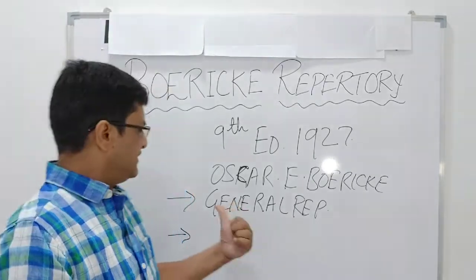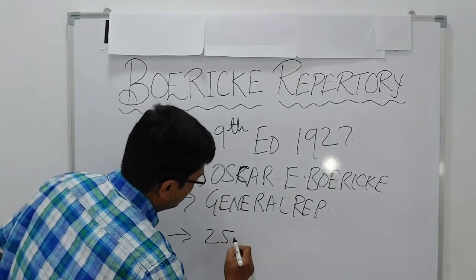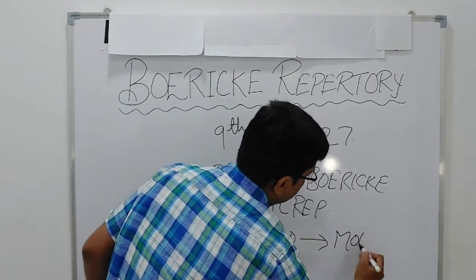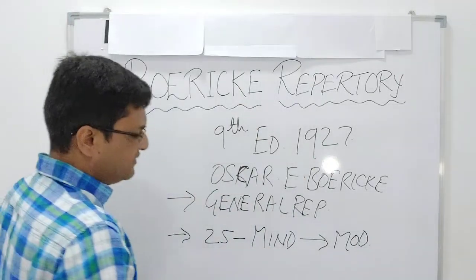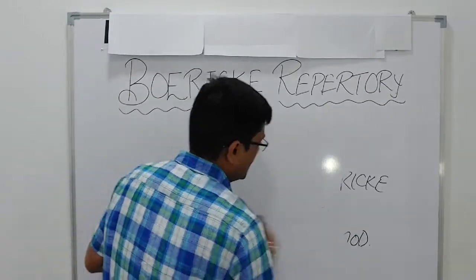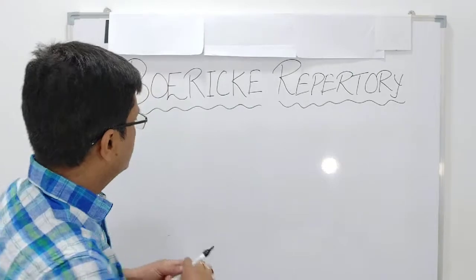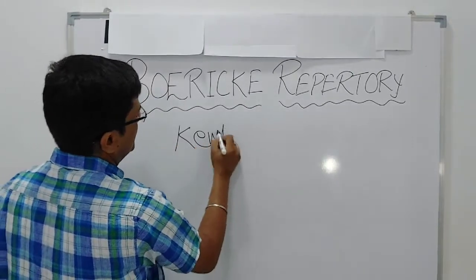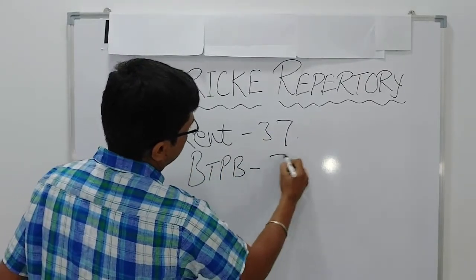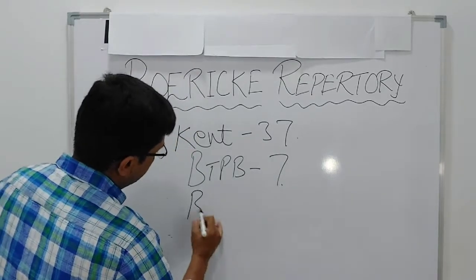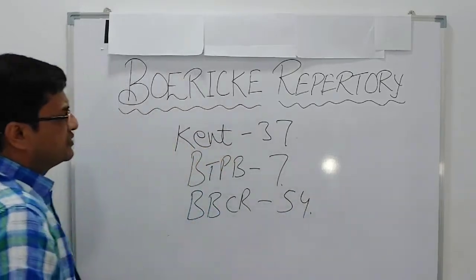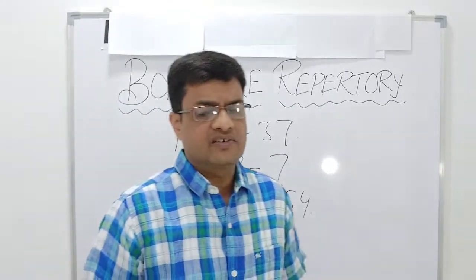And this Boericke repertory has 25 sections, which starts from mind and ends with modalities.